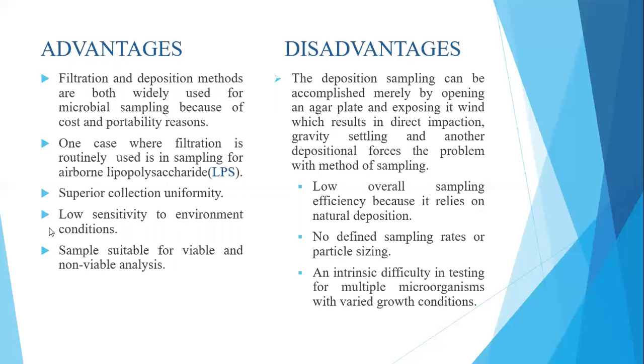As for disadvantages, deposition sampling is done mainly by opening an agar plate and exposing it, which results in direct impaction, gravity settling, and other deposition forces. The problem with this method is its low overall sampling efficiency because it relies on natural deposition, with no defined sampling rates or particle sizing.